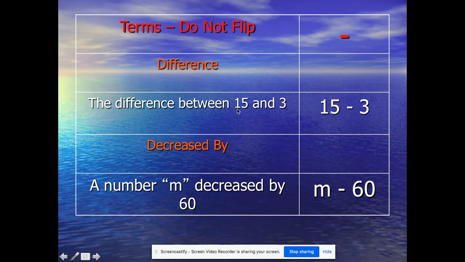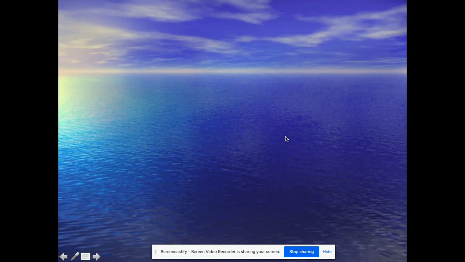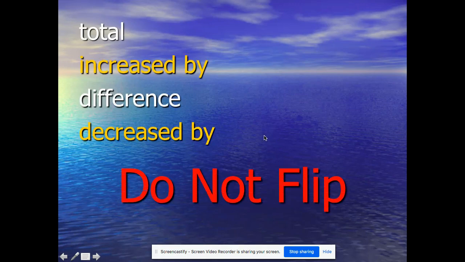What I mean by that is, if the 15 comes first and the 3 comes second, that's how we plug them in. That's not going to be the way it is for all expressions. So total, increased by, difference, and decreased by are all words where you do not flip the terms.